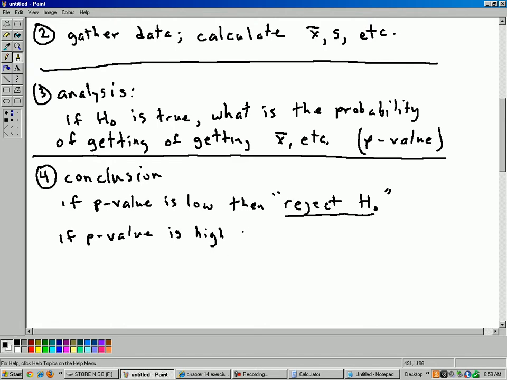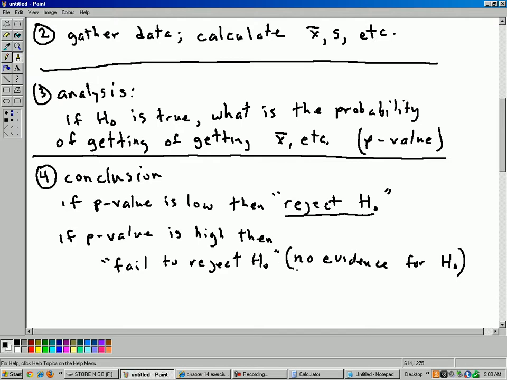And so if the p-value is high, then you say, I fail to reject the null hypothesis. Which essentially means that there's no evidence that the alternate hypothesis is true.